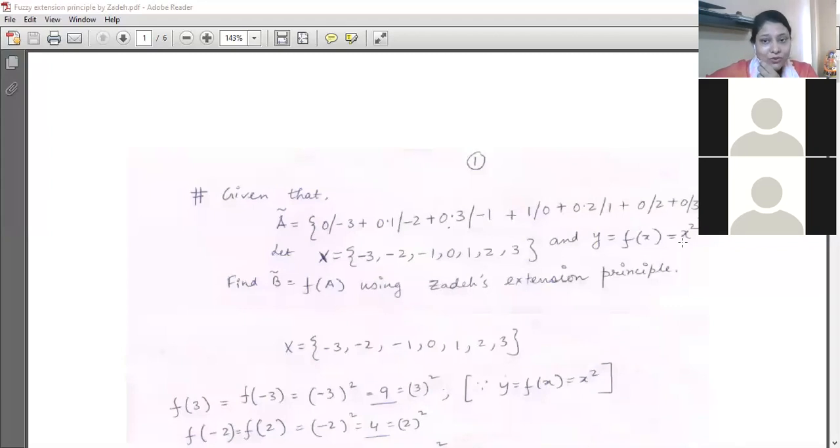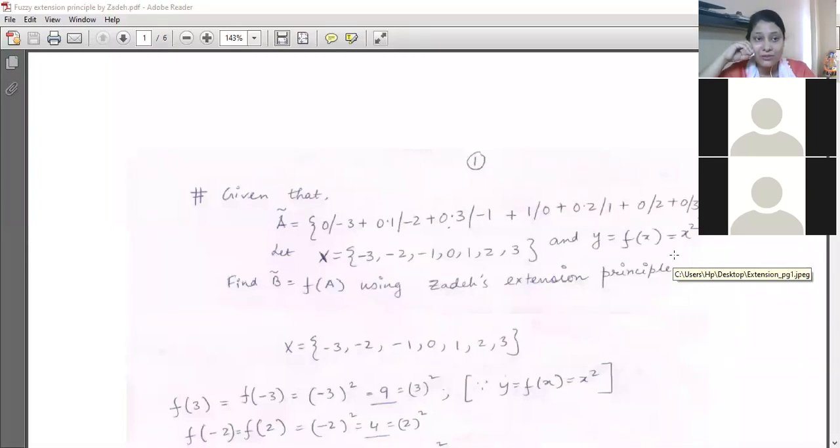Fine. Up to this is the problem which you are given, and the Zadeh's extension principle tells us that if we have a fuzzy set A like this, we can expect a new fuzzy set B, which is a function of fuzzy set A, with the image of all the linguistic variables.